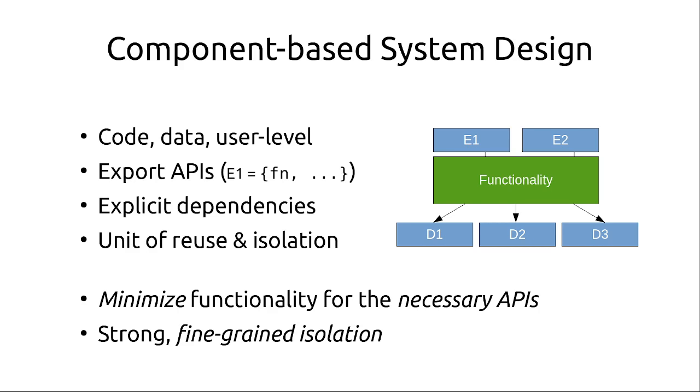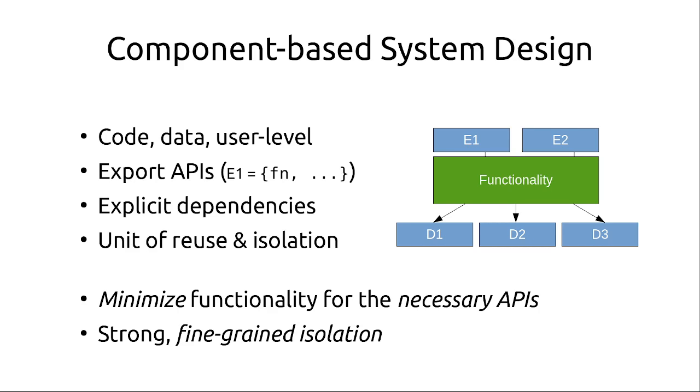And then, of course, that component cannot necessarily implement everything itself that it needs from the system, so it has a number of explicit dependencies on APIs that should be provided by other components. So when we look at components in this way, they are a unit of reuse in the system, and because they're implemented at user level and in our system in separate protection domains, they're also a unit of isolation.